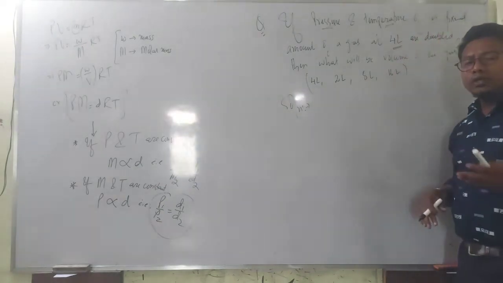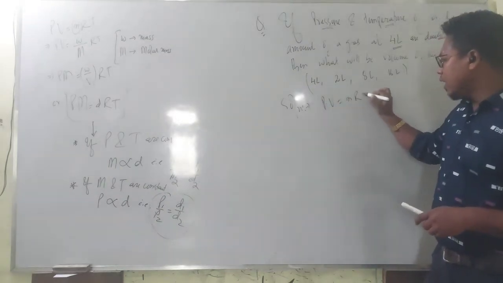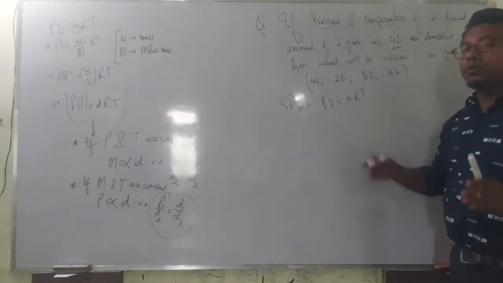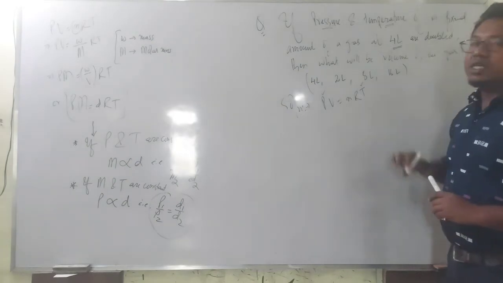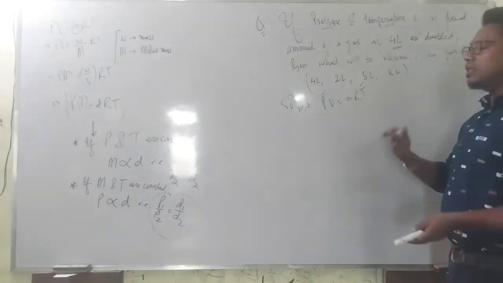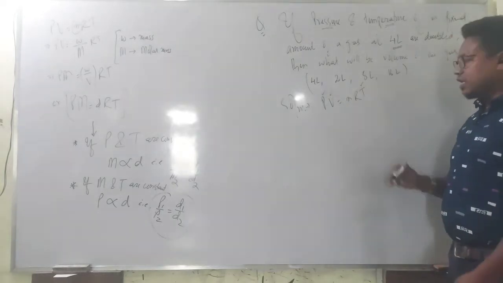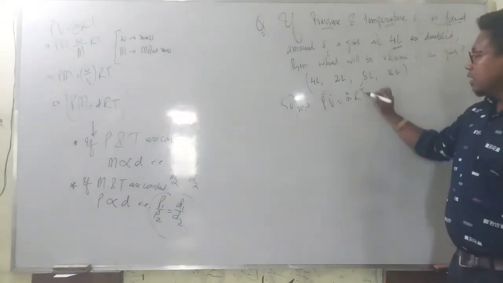Now we are going to use this relation PV is equal to nRT. Pressure and temperature are doubled, which means pressure changes, volume also changes, temperature also changes. Number of moles is fixed amount, not changed.